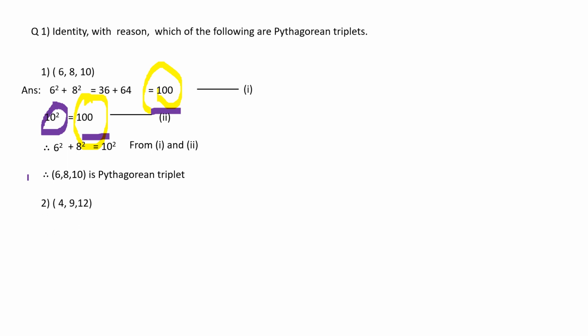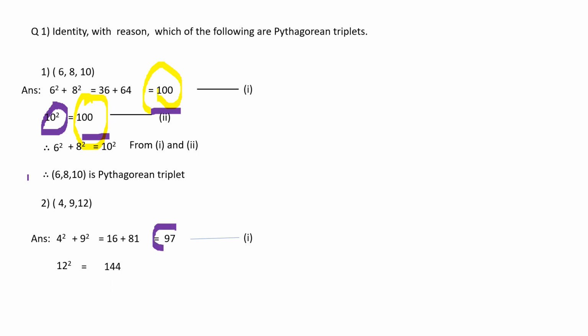We take as a second example, 4, 9, 12. Answer: 4 square plus 9 square. Here 12 is the larger number, therefore we take the sum of the squares of the smaller two numbers, that is 16 plus 81 is equal to 97. This is statement number 1. Second statement, that is 12 square is equal to 144.